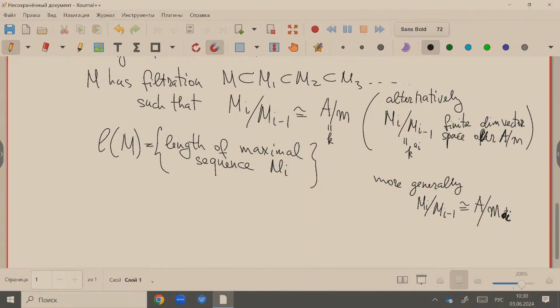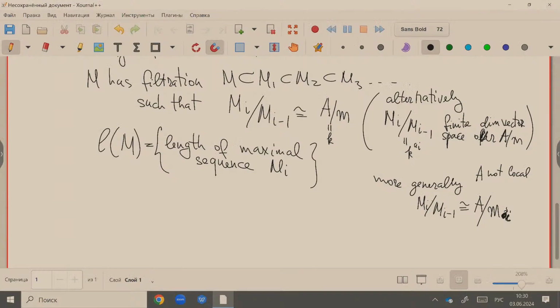And so A is not local, when A is not local, you can have a filtration such that the quotient is just A modulo M for some maximal ideal.